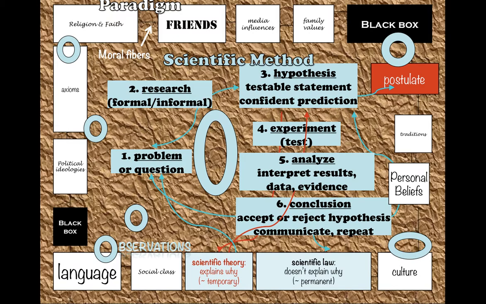If we compare our culture, our traditions, our language, our politics, and the media, all of this stuff, to maybe the Australian pygmies, the way they see the world is going to be so much different than the way we do, because of all of these external components being very different.